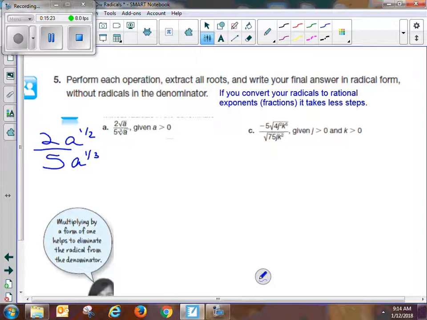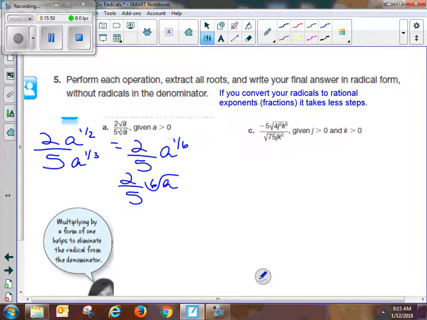That means 3/6 take away 2/6. 1/6, very good. Still with me? And I want to rewrite it in radical form because the direction said so. How do you write 1/6 power in radical form? 6th root.